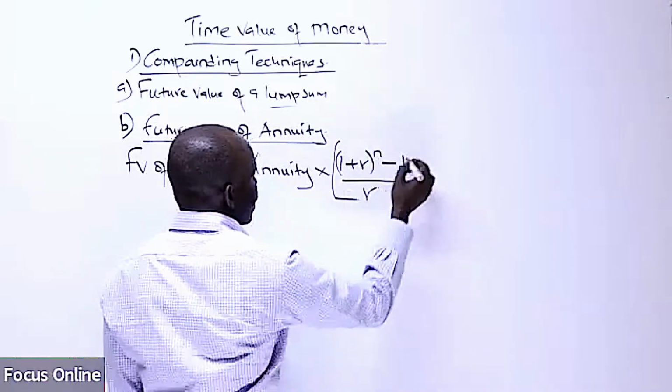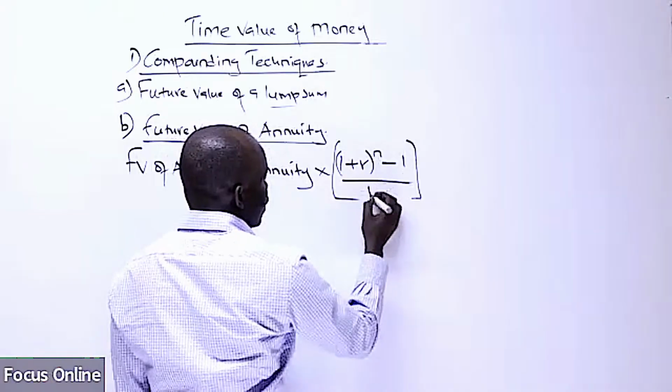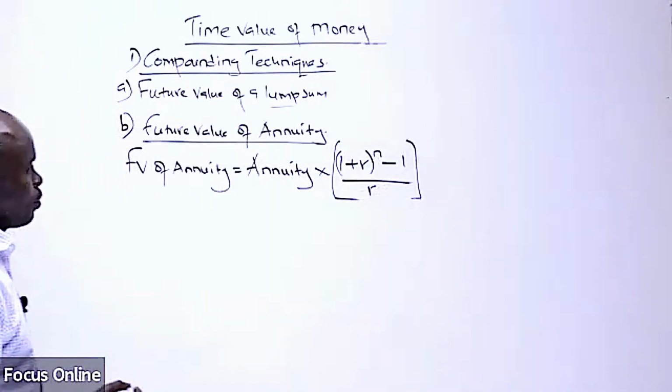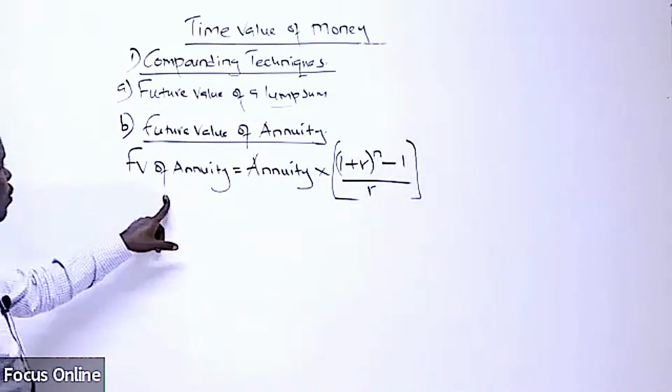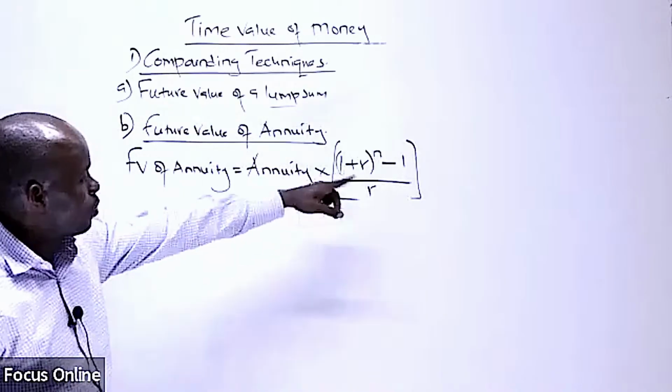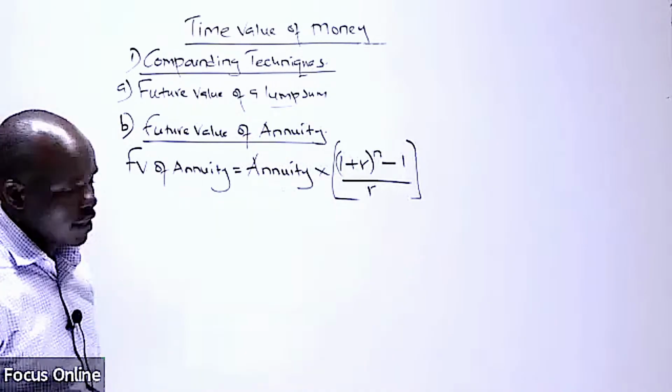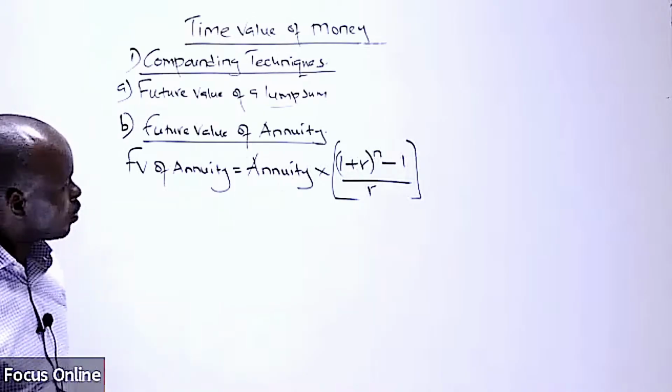That's how we get the future value of an annuity. Write these formulas the way I'm writing on the board, because in the handout they are very much simplified. Future value of an annuity is equal to annuity times 1 plus r, into brackets, power n minus 1 over r.